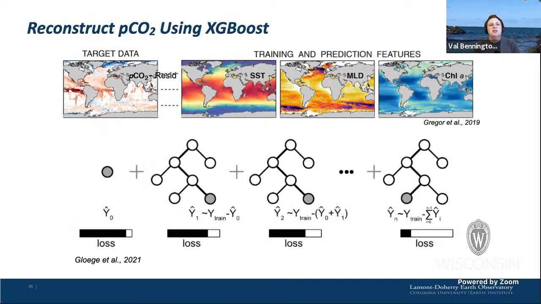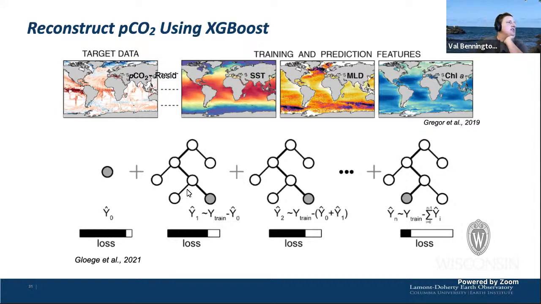So reconstructing this, we start with a single initial guess for PCO2 at all times and all locations. So using XGBoost, we start with a single guess of that residual for all times and locations. And then we add decision trees one by one to reduce the difference between the actual observed PCO2 and our guess, using the training data to build our model.